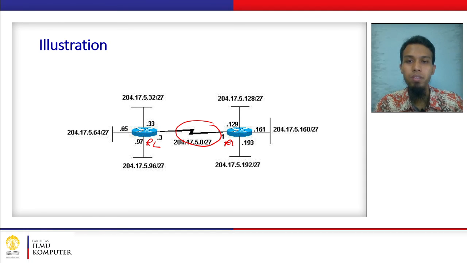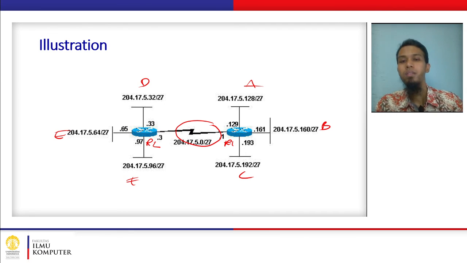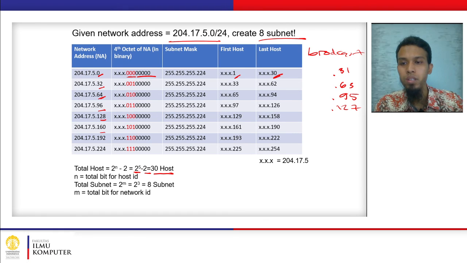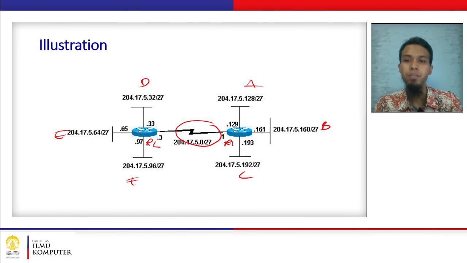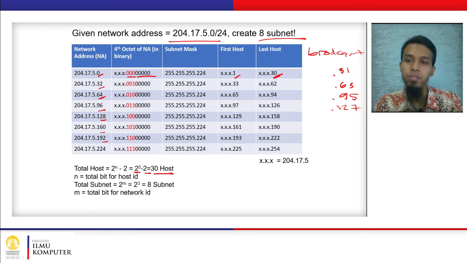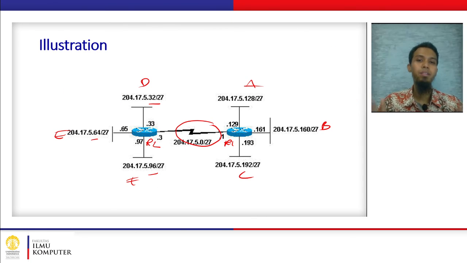Let's say these are subnets A, B, C, D, E, F. This one is .128, .160, .192 for A, B, C, and then .32, .64, and .96 for D, E, F. All right, so this is how we implement static subnetting in real networks.